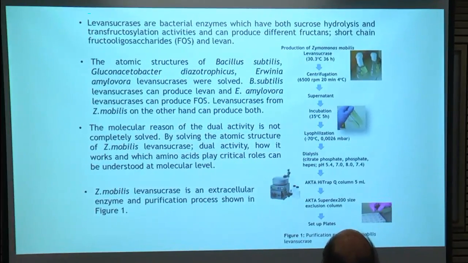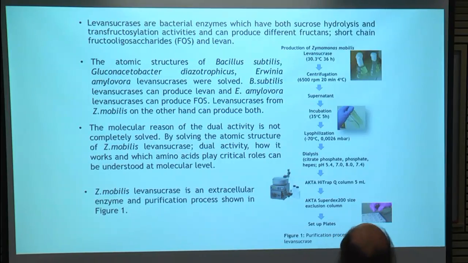The atomic structures of several microorganisms' enzymes were solved, but the difference between them and my enzyme is that some of them can only produce levan, and some can only produce fructooligosaccharides, a different product. But my enzyme, Zymomonas mobilis levansucrase, can produce both. We don't know the reason yet.